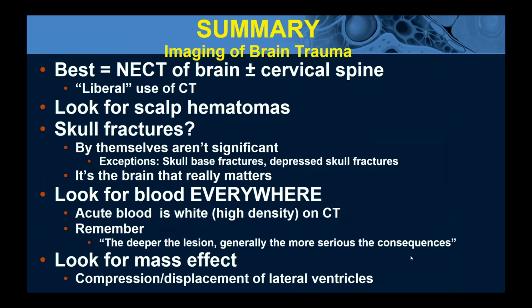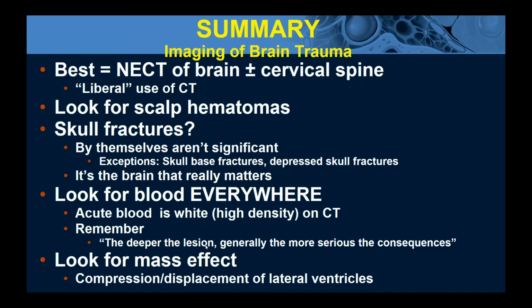So in summary then, our imaging of brain trauma, we spent a fair amount of time on it because it's one of the most important things that we do. The best screening scan is a non-contrast CT scan of the brain with plus minus a cervical spine scan. Look for blood everywhere. It can be anywhere. Remember, acute blood is white or high density on CT.